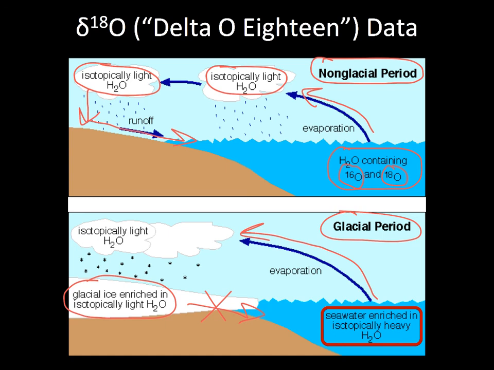So this ocean water becomes enriched in what the diagram is calling isotopically heavy water, which just means enriched in water containing oxygen-18. Remember that it's oxygen in seawater that marine organisms use to craft their hard parts, and it's those hard parts that get fossilized. So if you see in the fossil record a dramatic uptick in the ratio of oxygen-18 to oxygen-16 in marine fossils, that is evidence that there was a glaciation during that time period.